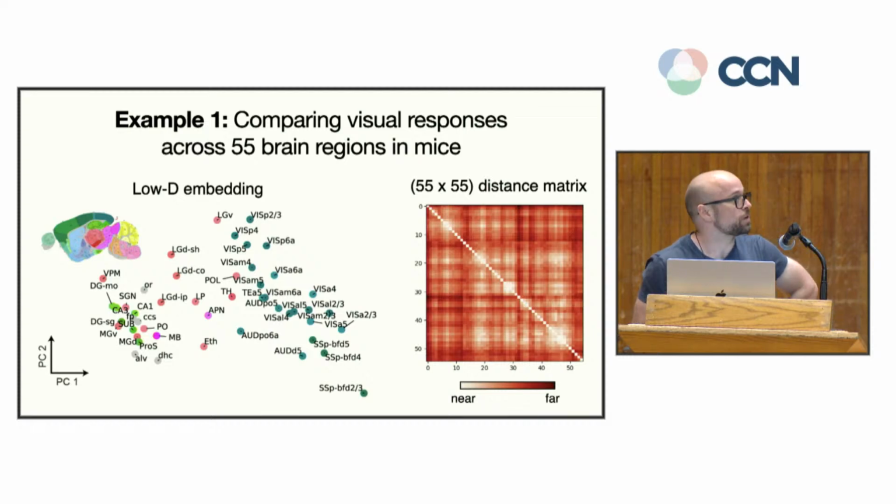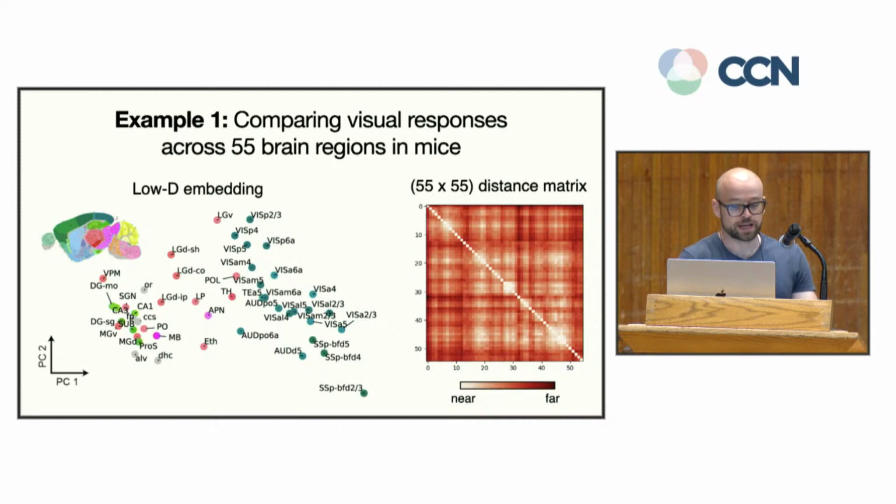What I think you can probably appreciate immediately is that all of the cortical areas in teal cluster together on the right side of this low-dimensional plot. The visual thalamic areas in pink are clustered in the middle. And then there's a cluster on the left here, which is mostly non-visually responsive areas.